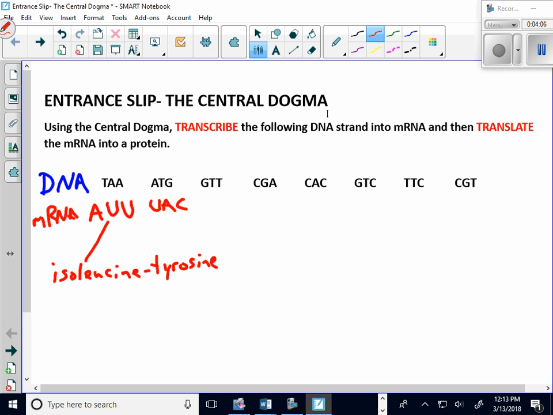Okay? My next one is going to be C, A, A. I look at C, A, A, that's glutamine.